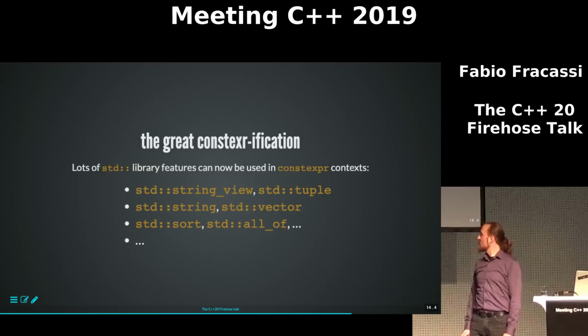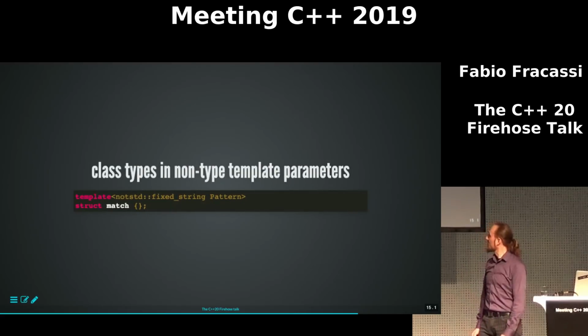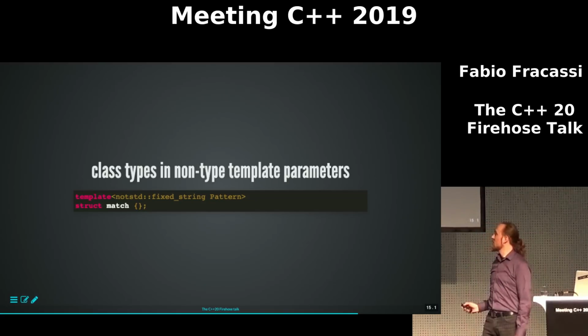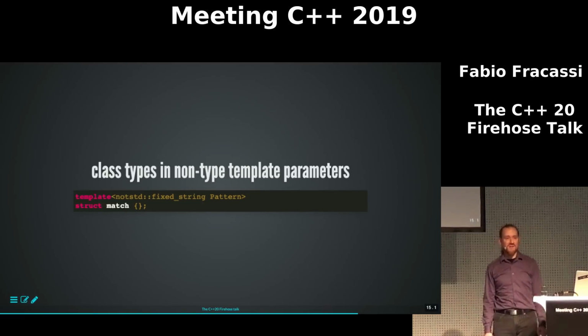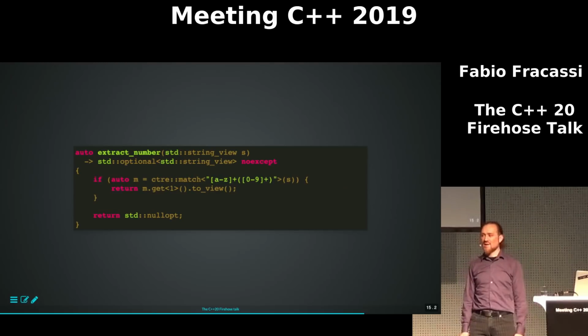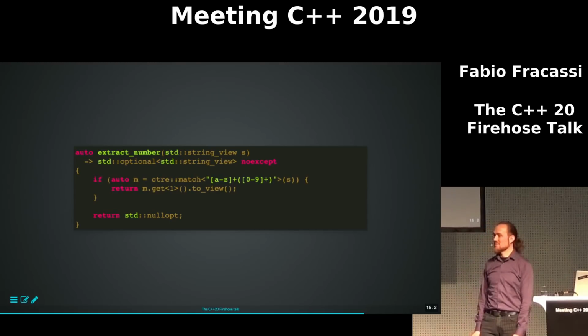And what it allows us to do with another feature we need is class types and non-type template parameters. So with a constexpr string, we can now put a pattern, for example, in a template parameter. And if you have seen Hannah's amazing talk, you will know what will come. So this allows us to do, for example, regex parsing at compile time with a very nice syntax.